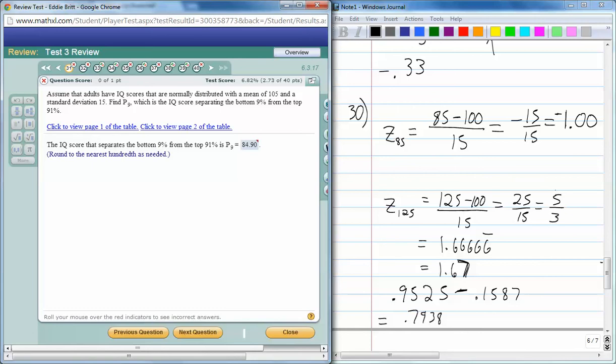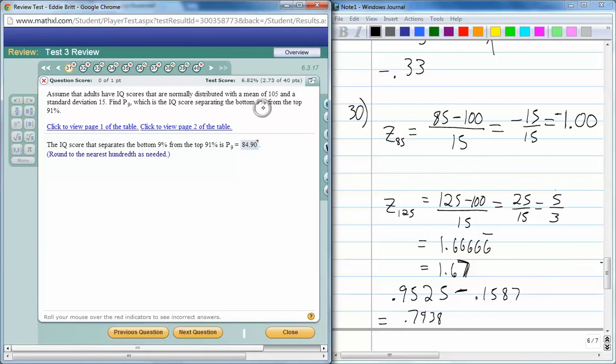Alright. Now we have to really pay attention to the wording on this problem. Assume that adults have IQ scores that are normally distributed with a mean of 105. So that's a little different, depending on what source you're looking at or what set of data people have used. They may have a different mean or standard deviation.